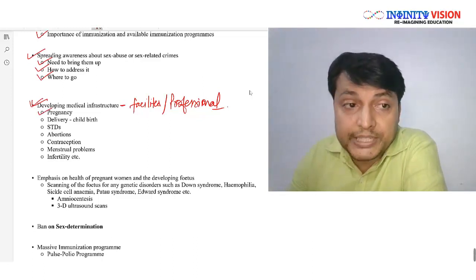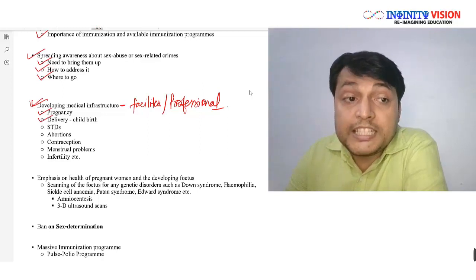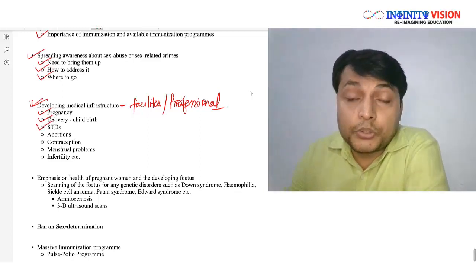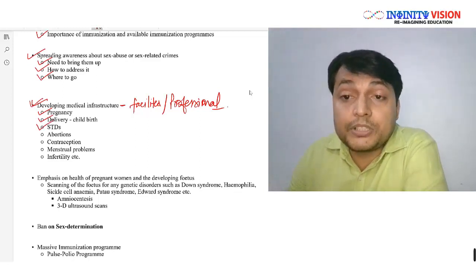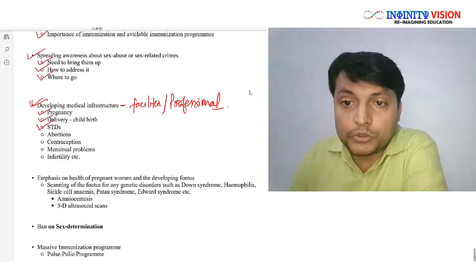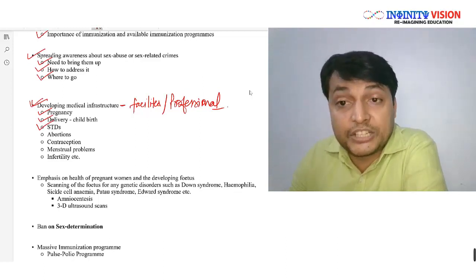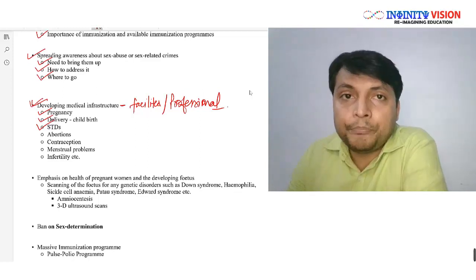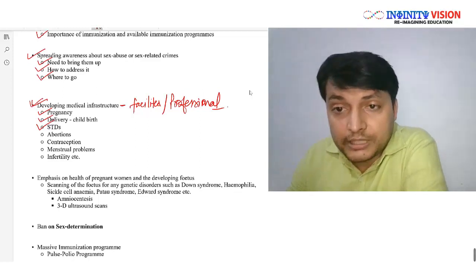Okay, the pregnancy, delivery, right? That is the act of childbirth, parturition को करने के लिए, to take care of the sexually transmitted diseases. Okay, so sexually transmitted diseases like HIV, or what you call AIDS, or gonorrhea, syphilis, things like that.